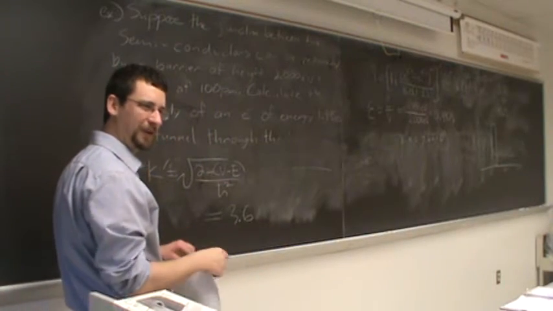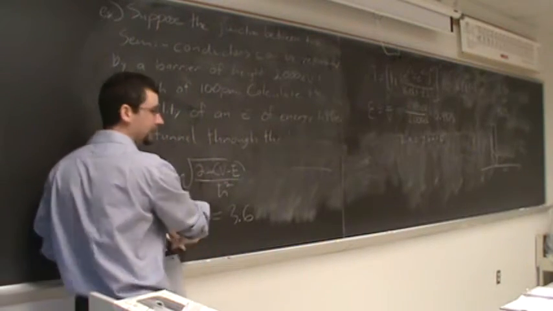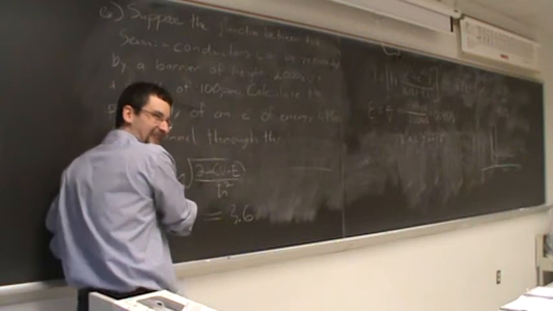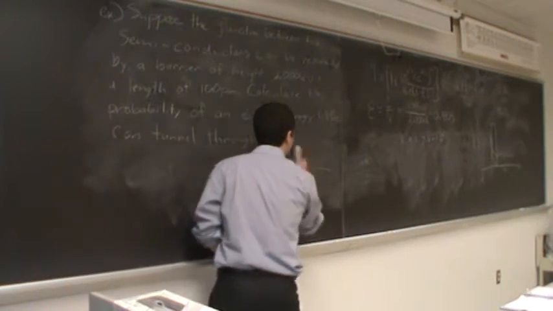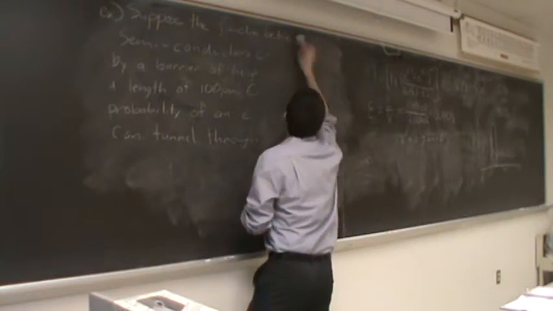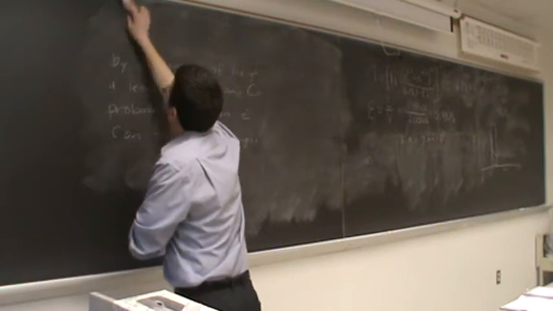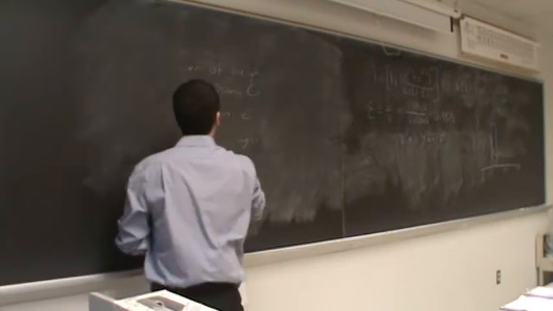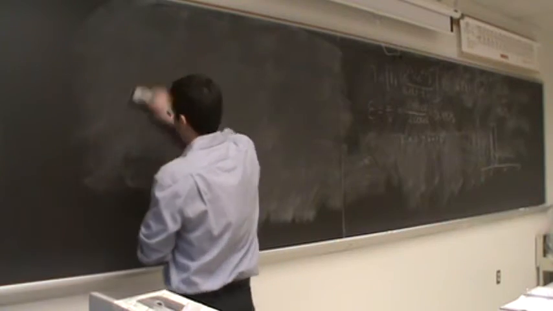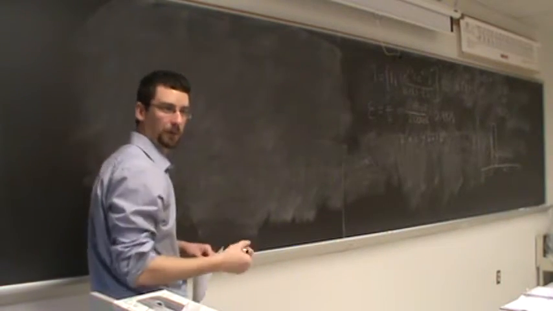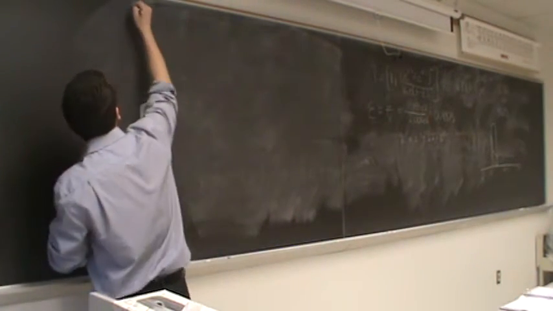We're only talking about one dimension. Let's bump up the number of dimensions. Let's get to a three-dimensional system. So the next thing we're going to discuss is particle in a box, a 3D box.